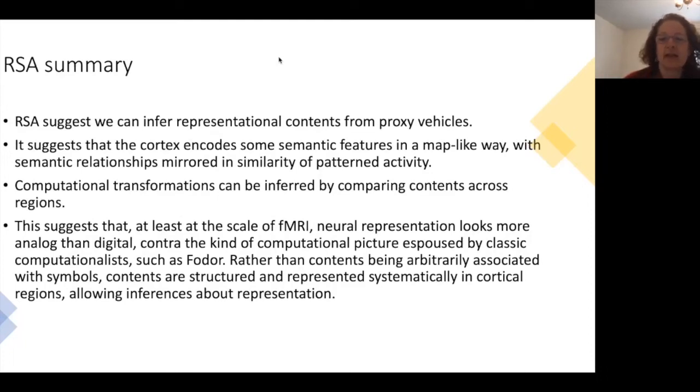And I think it suggests that, at least at the scale of fMRI, neural representation looks more analog than digital, because if it were digital, then there would not need to be any kind of high-level organization. Everything could just have its identity in virtue of the low-level non-proxy vehicle, but the actual vehicle. The fact that we're getting these gradients and structures across cortex, I think, suggests that contents are structured and represented systematically in analog kinds of ways.